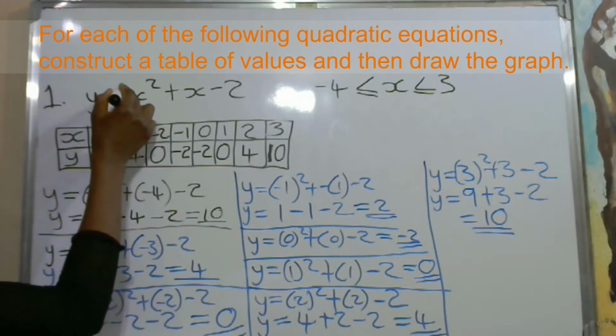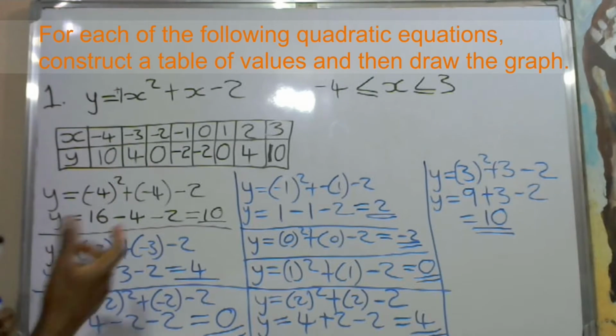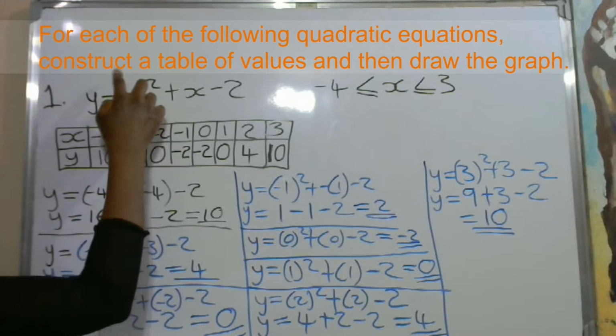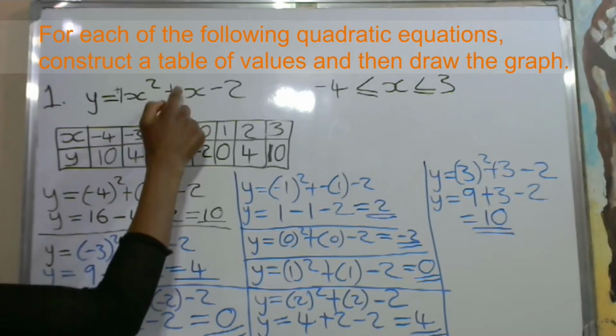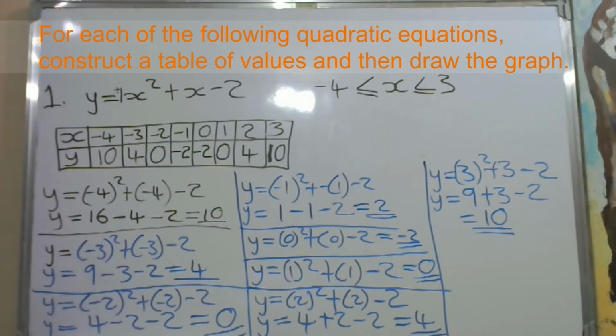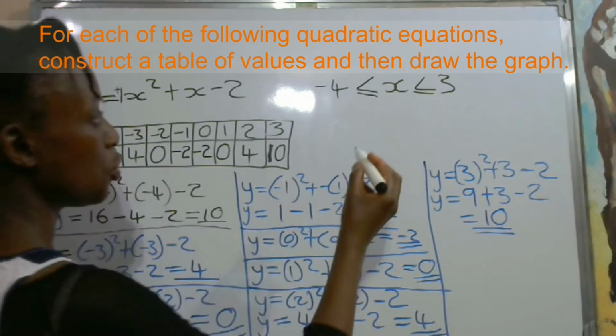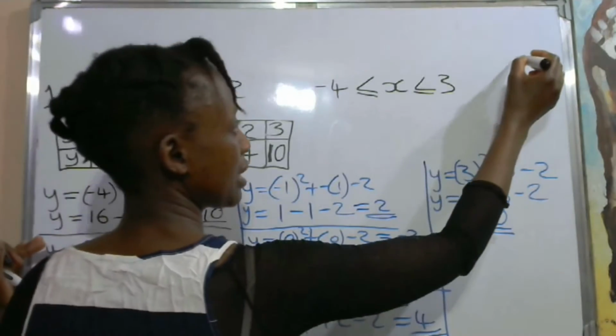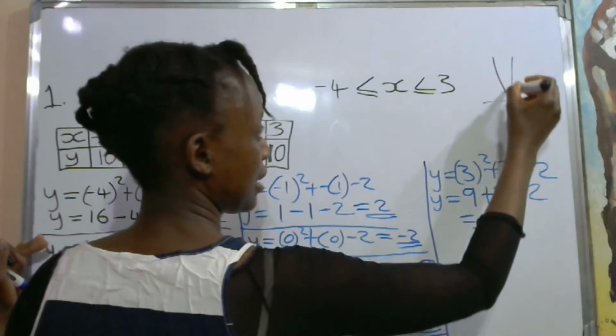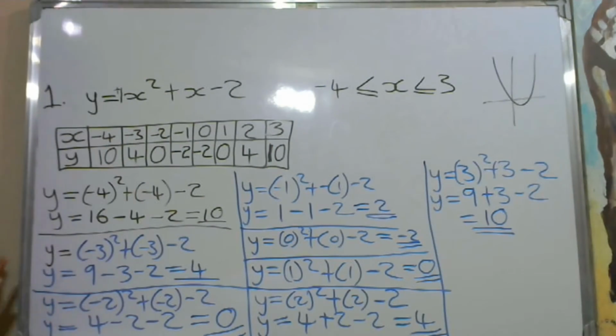We usually term this coefficient A, this coefficient B, and this one C. Since the coefficient of the x squared is positive, our graph should be a smiling graph. It should give us something like that.